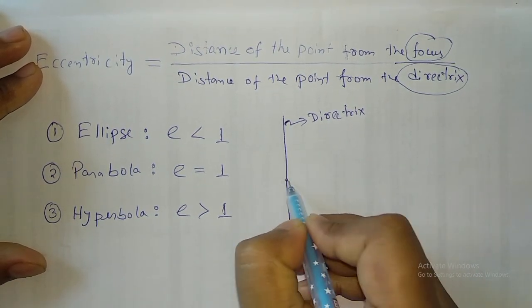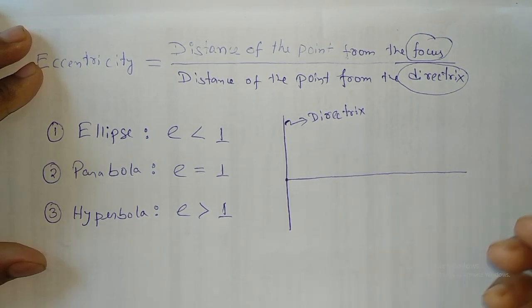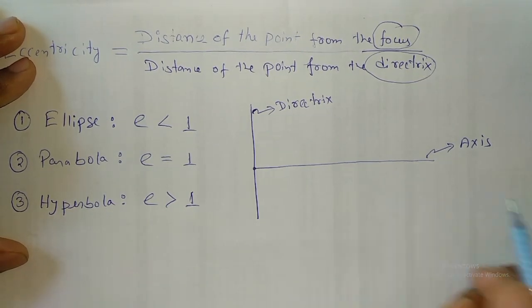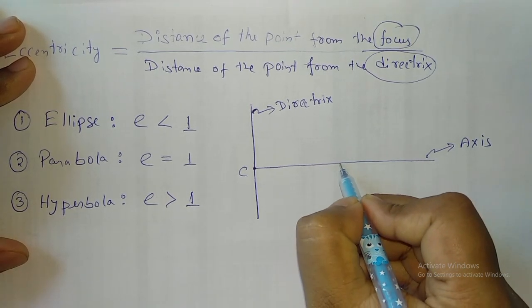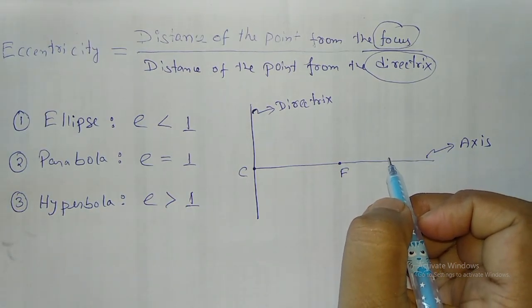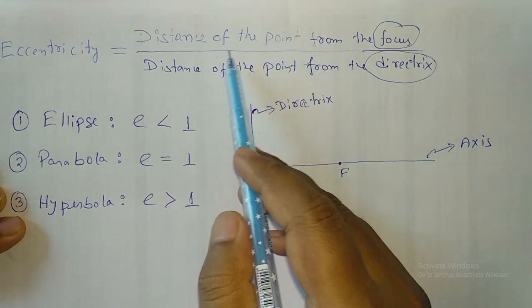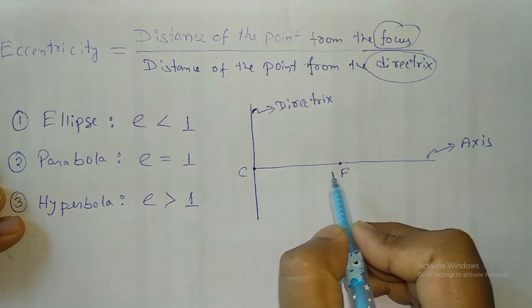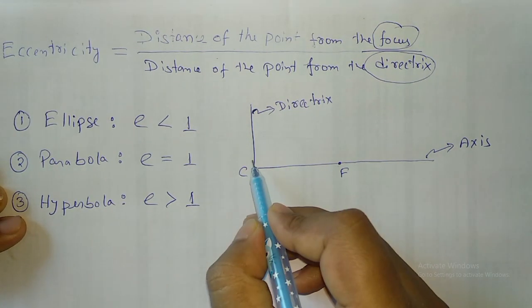If from any point I draw a perpendicular line which is horizontal, this is called the axis. Suppose this is point C and this is point F. Eccentricity is the distance of the point from the focus divided by the distance of the point from the directrix.